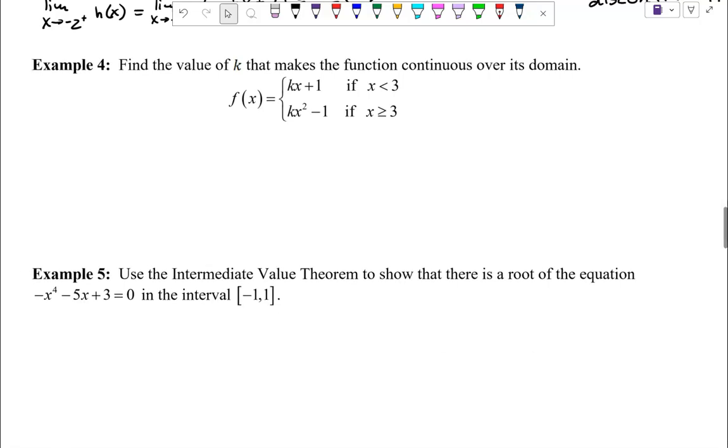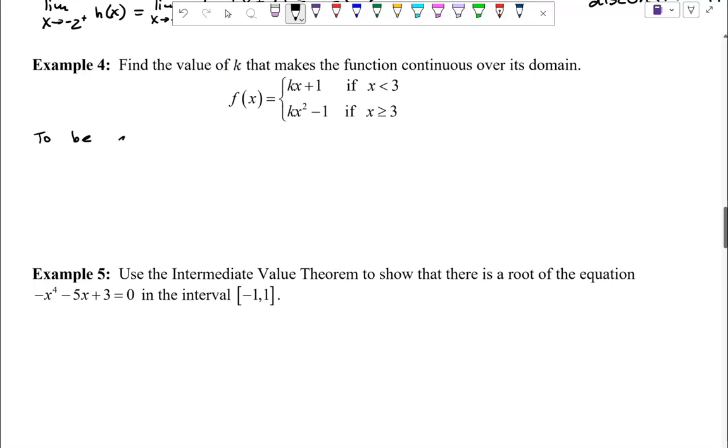Example 4, find the value of k that makes the function continuous over its domain. And here we have f of x is equal to the piecewise defined function kx plus 1 if x is less than 3, and kx squared minus 1 if x is greater than or equal to 3.